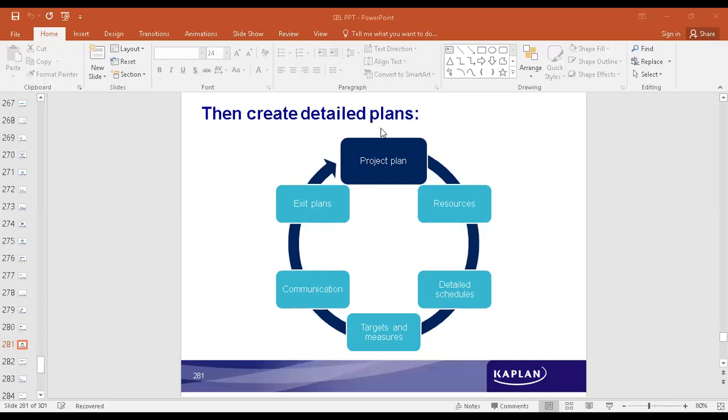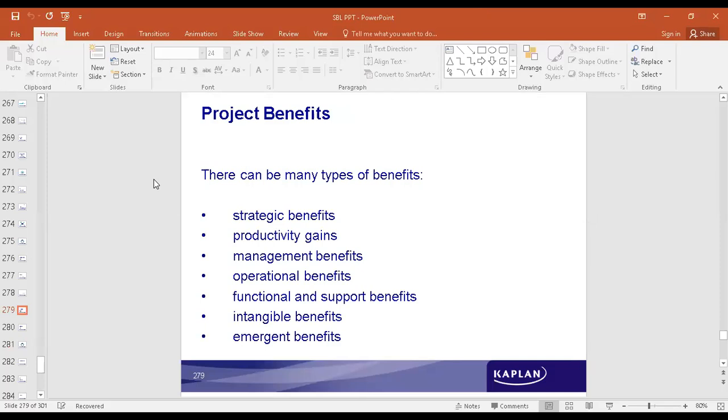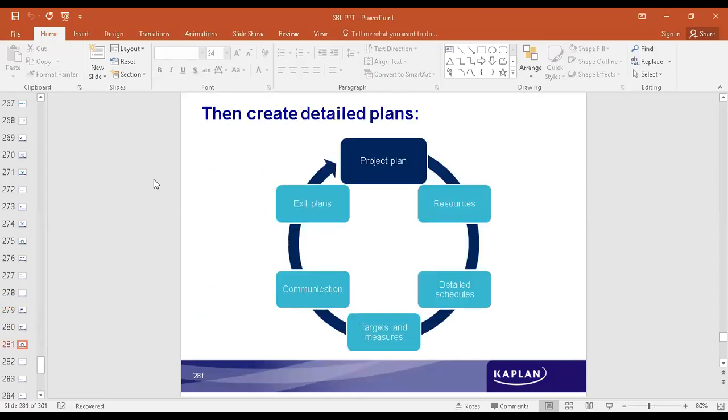So when the project plans are prepared, benefits that can be derived are identified. After that, detailed plans also have to be prepared for the project to be implemented. For the project plan, we first look at what resources are available so that it can be effectively implemented.